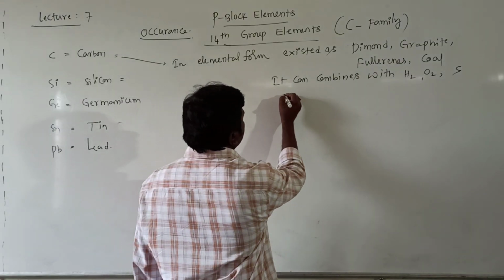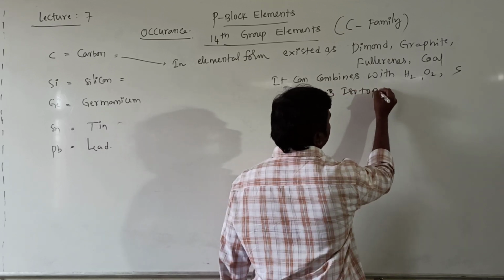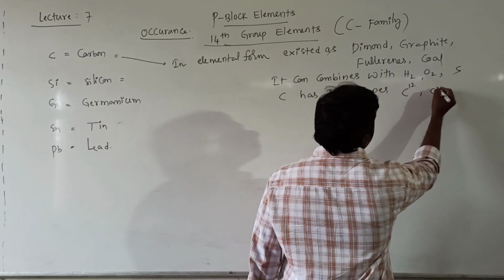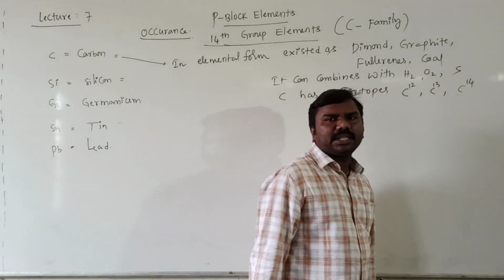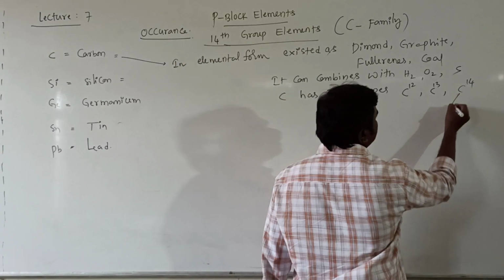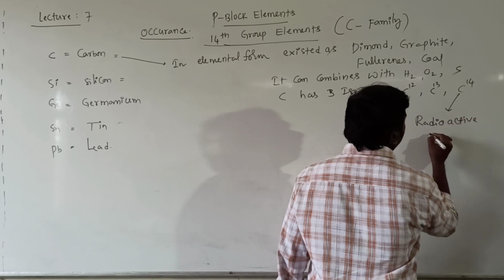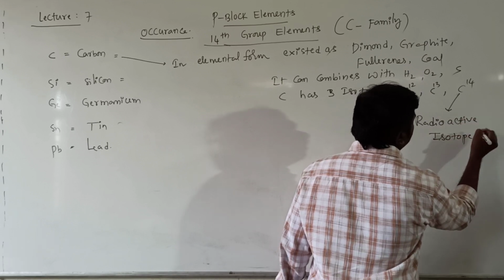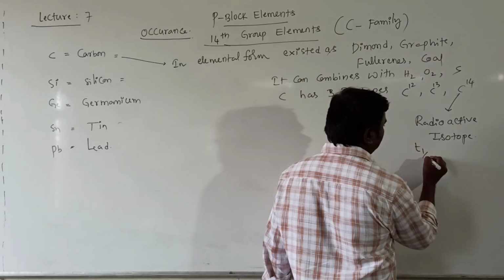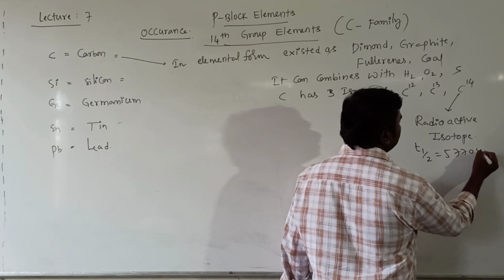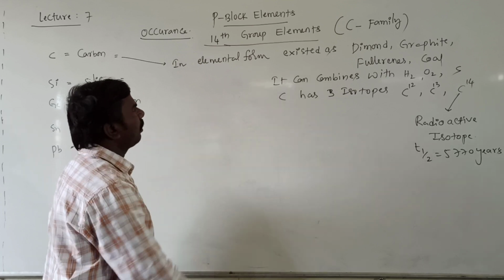Next, carbon has three isotopes, C12, C13, C14. C14 is a radioactive isotope. The half-life, T half, is 5770 years. It is about carbon.